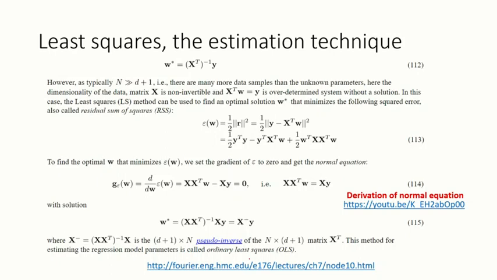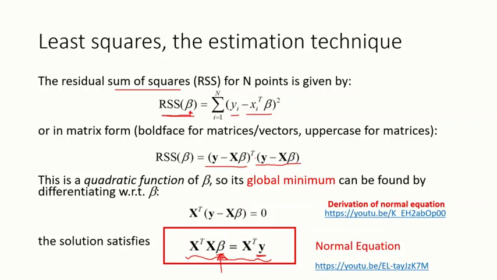So, for example, you can move this part to this end by taking the inverse of this multiplication. X transpose times x becomes a square matrix. If you move that to that side, you get the beta value.